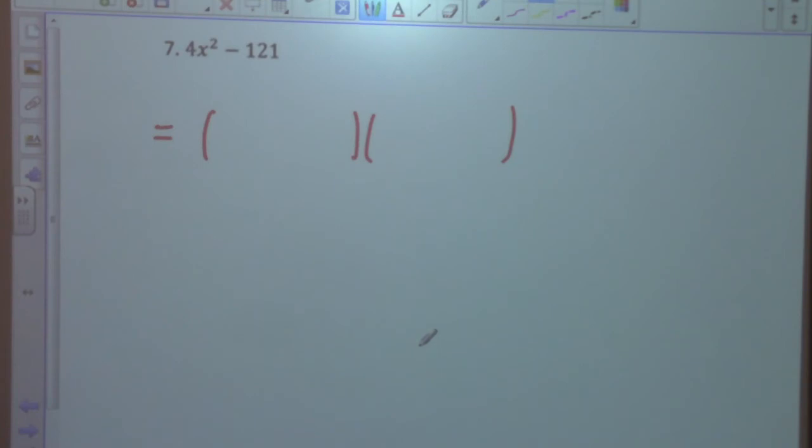Okay, so do I kind of turn the negative 121? Yeah, okay, you can do that. So let's give you a square root of that. And that's 11. So we put 11 here and 11 here. Okay, good. What next?